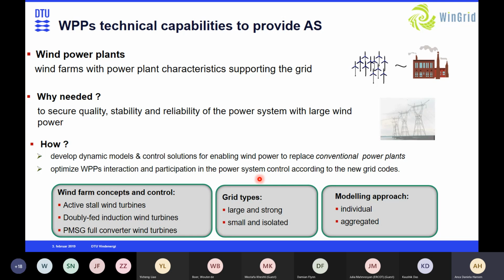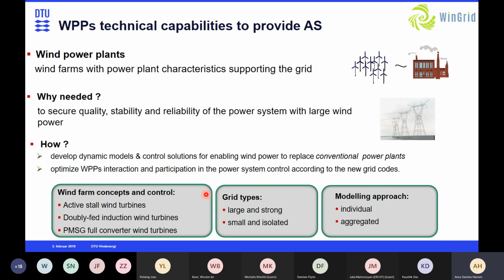Over the years, we have had several research projects at Wind and DataU Wind, and we have developed a database of dynamic models and control strategies for different types of wind turbines and wind farm technologies, including both wind farm controllers, individual wind turbine controllers, and dynamics of the wind turbines themselves.